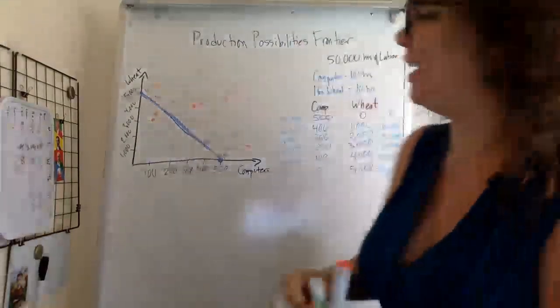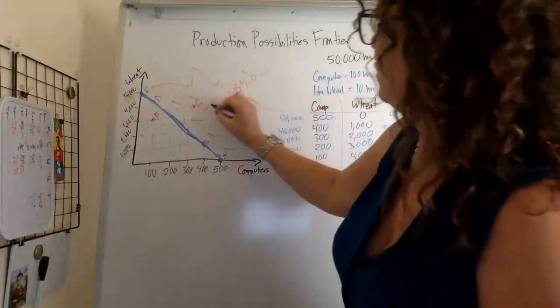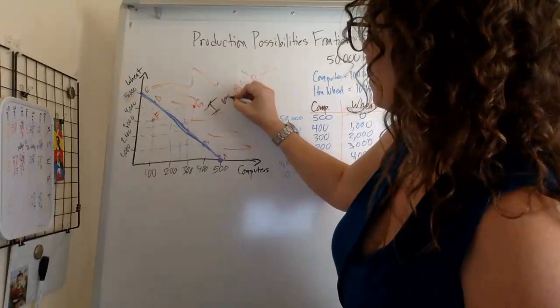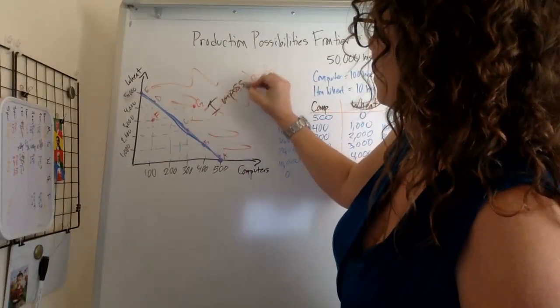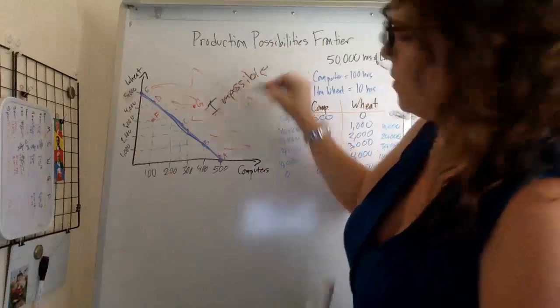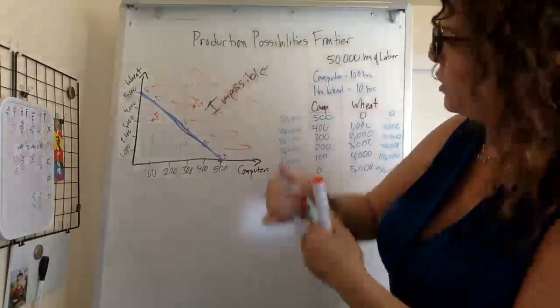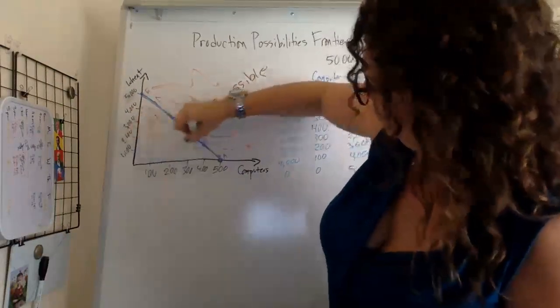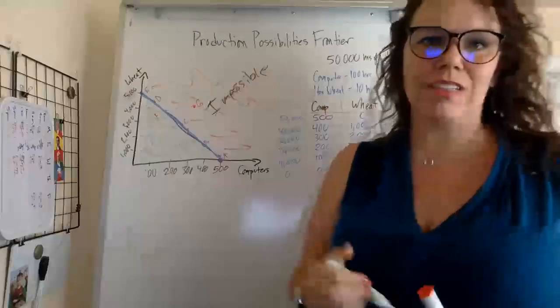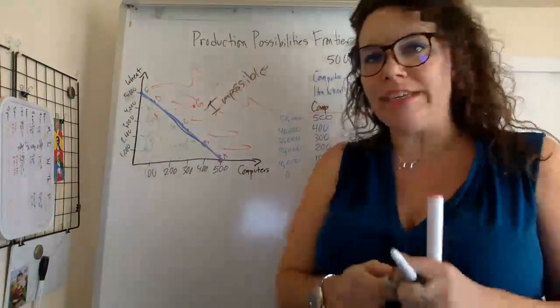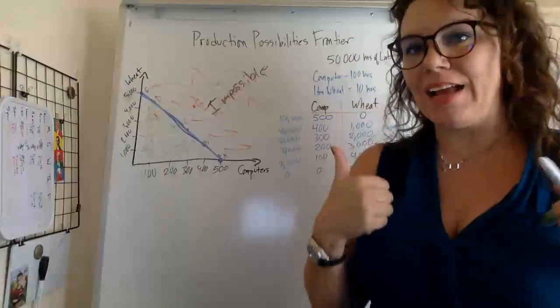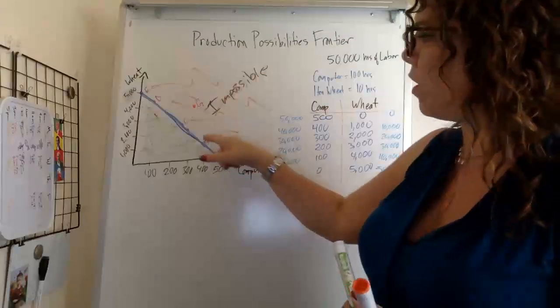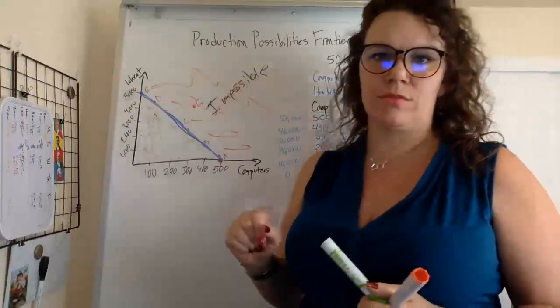That's not legible, I know. Everything that's underneath the production possibilities frontier, that's all inefficient. The only both efficient and possible points are along the PPF. Does that make sense?